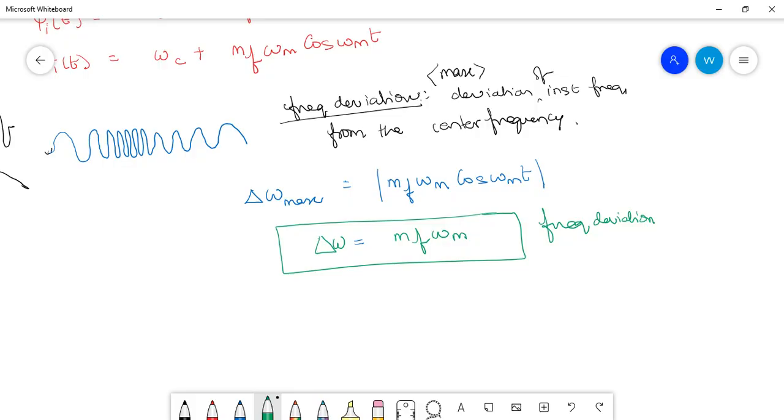Say your carrier frequency or center frequency is at 100 kilohertz, and delta omega is say only 1 hertz, then the deviation in comparison to the carrier frequency is extremely less. But if that 100 kilohertz becomes just say 100 hertz, then that ratio is now very large. 1 over 100 is more than 1 over 100 kilohertz.